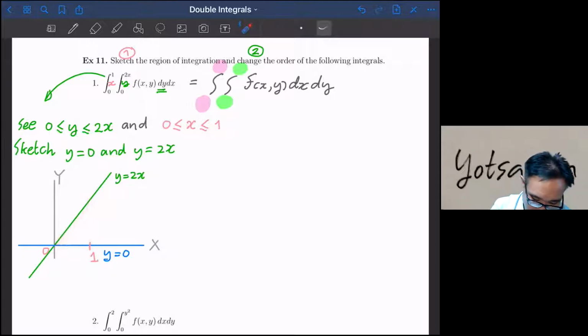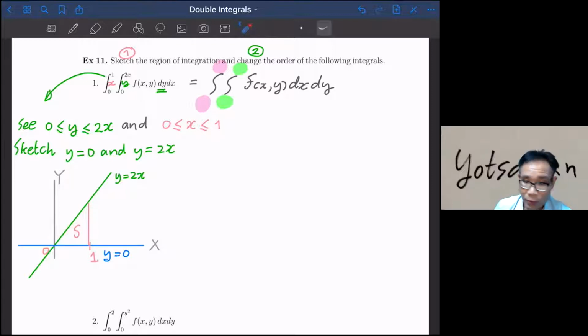The region we are looking for is just this region, which we call region S. You see that this is the region S that we have.